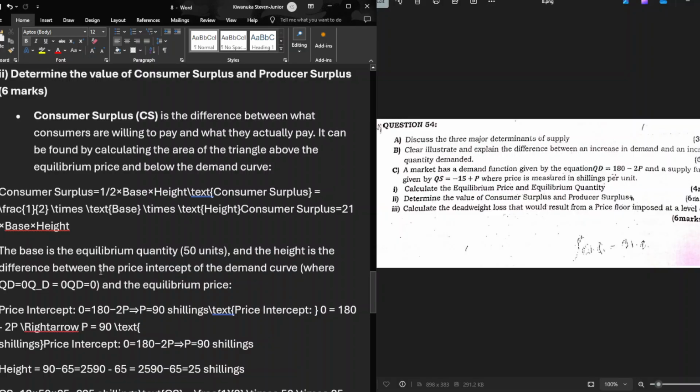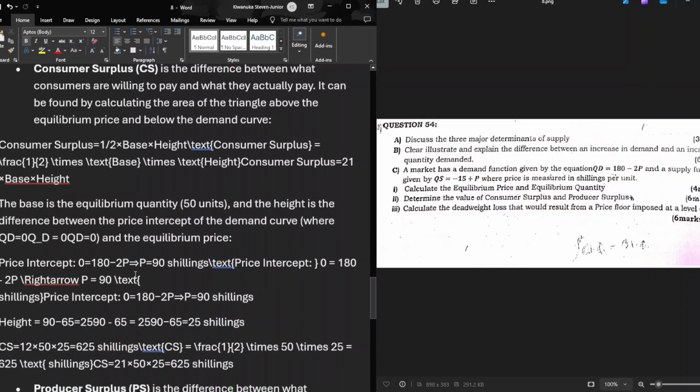The height is the difference between the price intercept and the demand curve at equilibrium. So from the equation for quantity demanded, we put 0 at quantity demanded. Why do we put 0? We want to find the P at 0, and you get 90. When you solve here for P, you will get 2P equals 90.